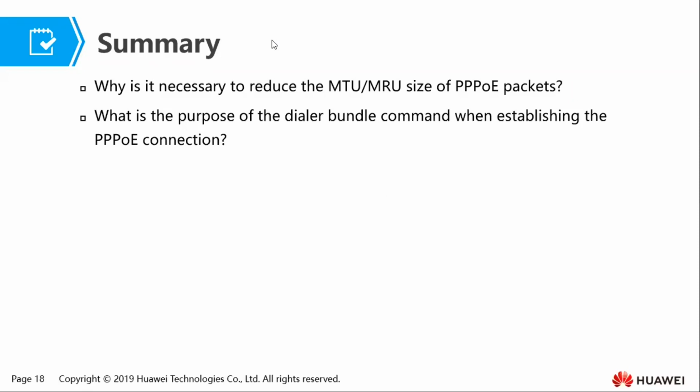Is it 1500 minus 8? The maximum payload size on Ethernet networks is 1500, so when you're using PPPoE, it should not go beyond 1492. Thank you very much.